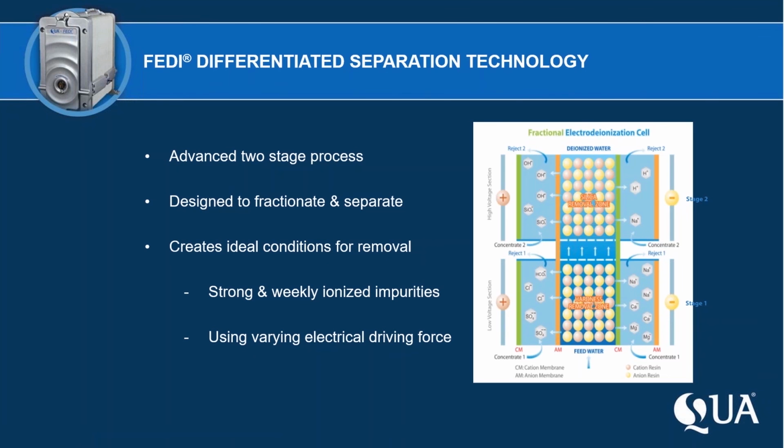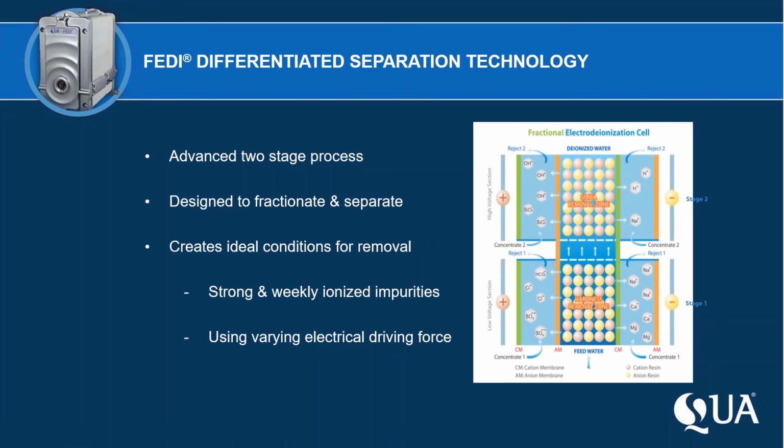So this removes any scaling potential right away in your first part of the stack, and it allows the polishing zone to split water, and the likelihood of scaling is minimal or none because you're removing all your ions midway through your stack.